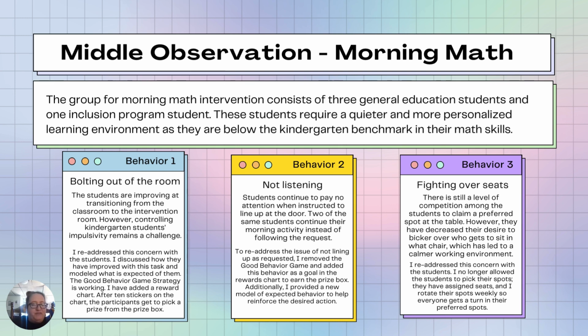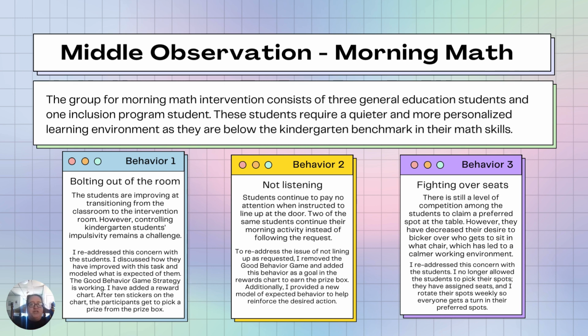I modeled with them how to line up and not bolt out of the classroom. The good behavior game strategy is working, but I've also added the rewards chart to this where the students, after 10 stickers, can then pick from the prize box.